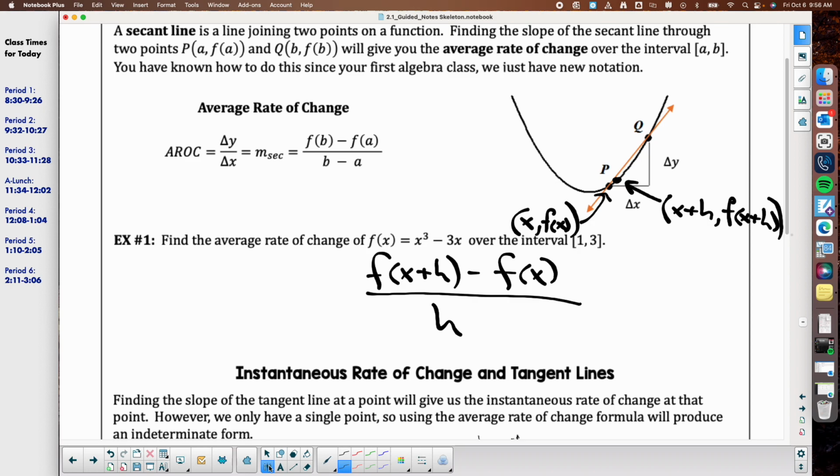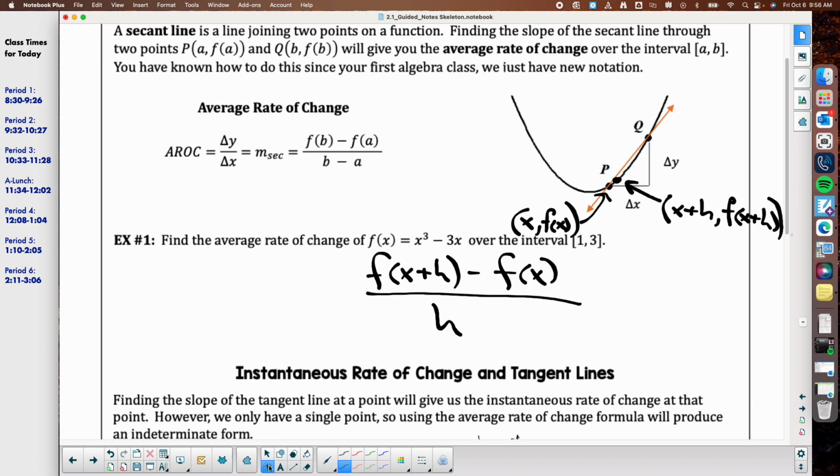The reason I wanted to show this to you is because on the next page, it doesn't tell you where this comes from. It just gives you the formula. And so if you decide the second point is 0.001 away, then you would put 0.001 in place of h.